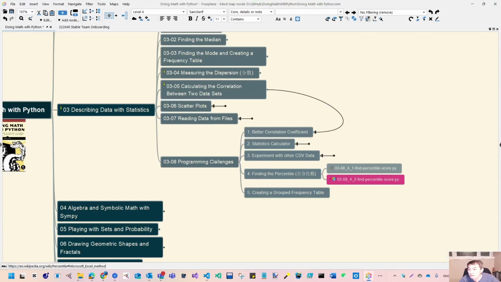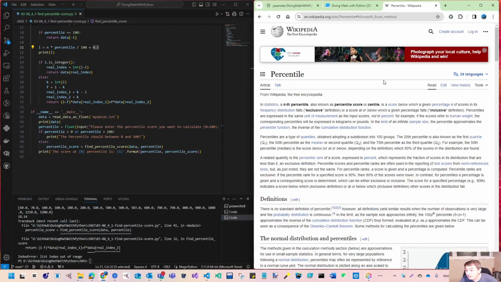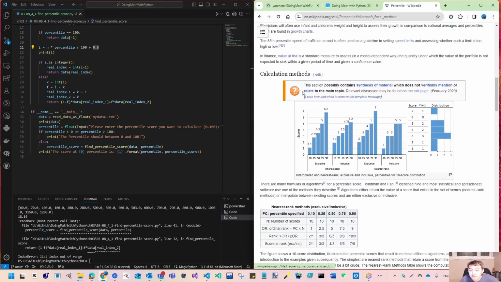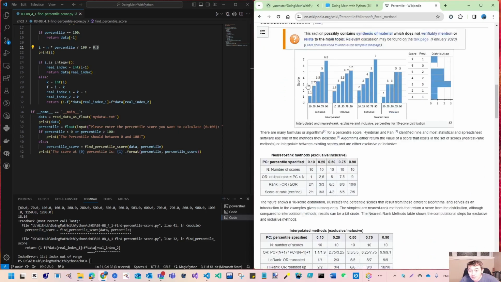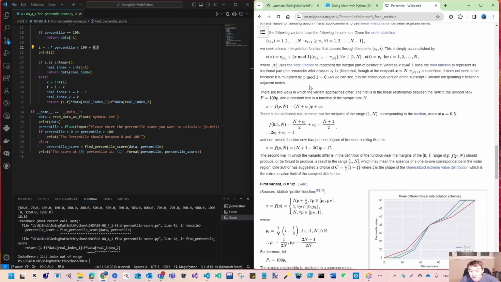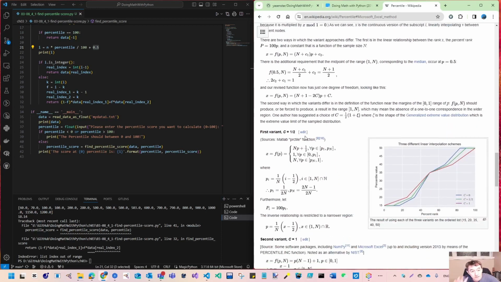That is the Microsoft Office Excel method. Here from this link is the Wikipedia page for the percentile. When they discuss the calculation method, you can read in more detail. There are two types.